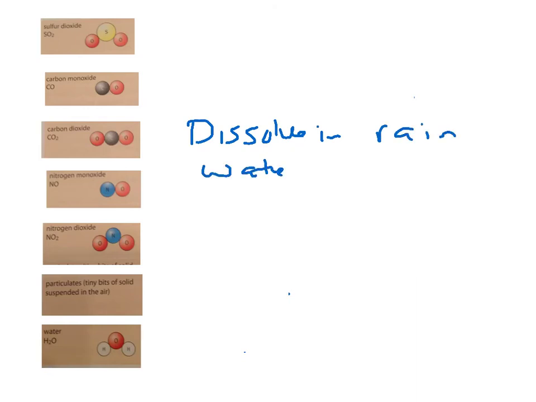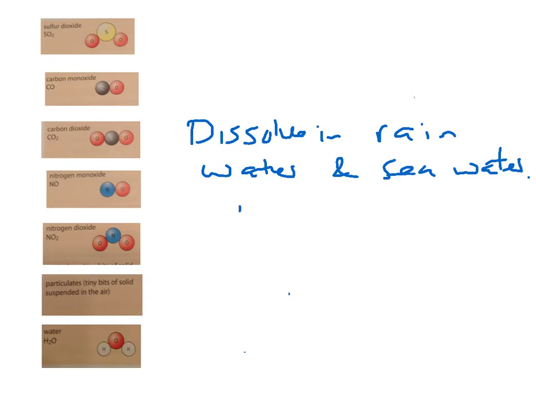Carbon dioxide, that's the greenhouse gas. Again, little 2 down there, very important. Extra little bit of information for you: that will dissolve in rainwater and also seawater. So some of it will come out of the atmosphere.